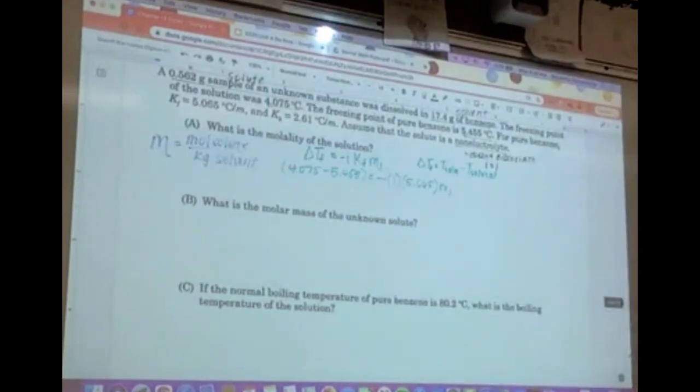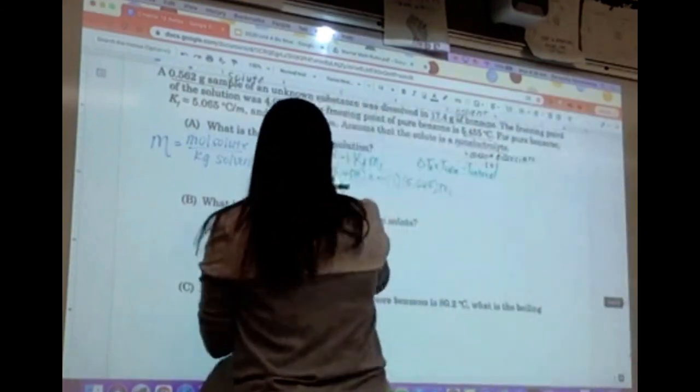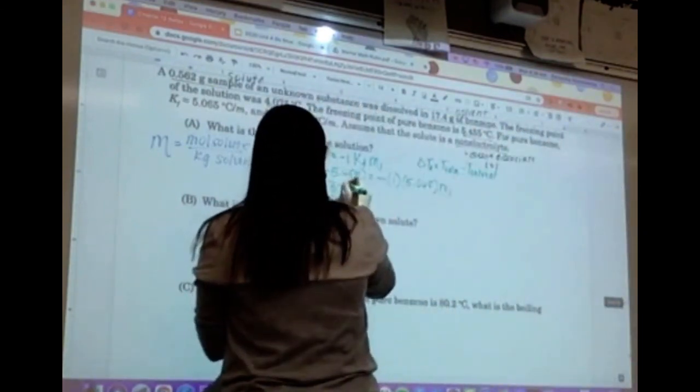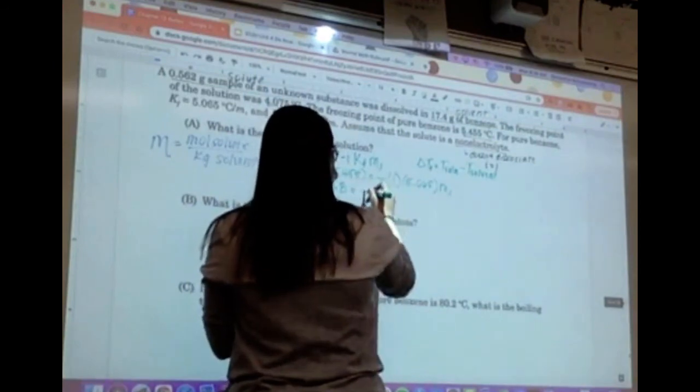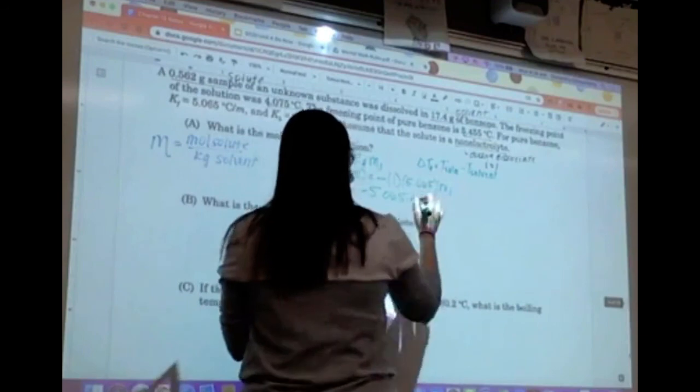On my calculator, we have 4.075 minus 5.455. This is negative 1.38 equals negative 5.065 times molality.